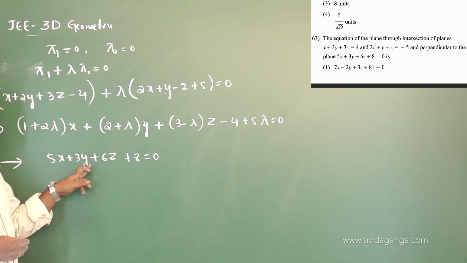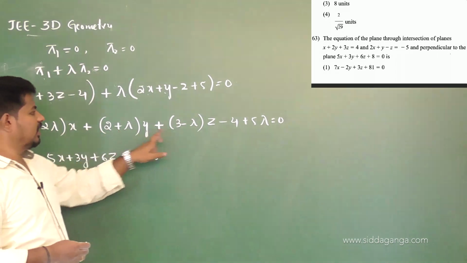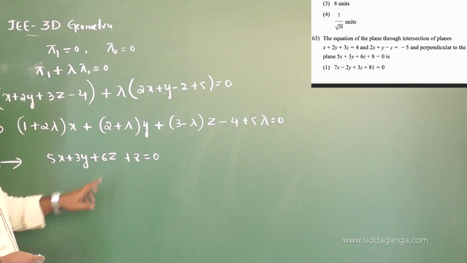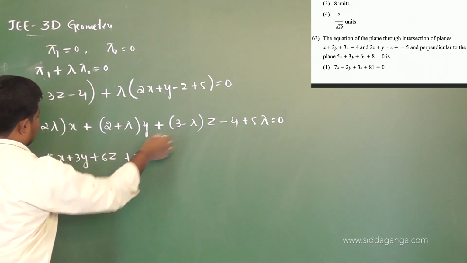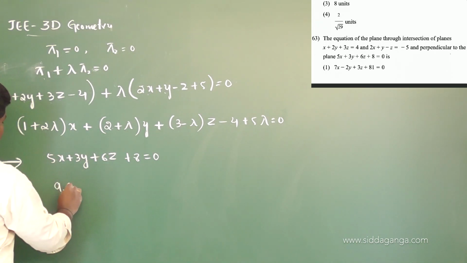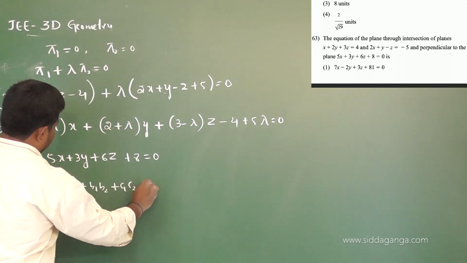The normal for this plane has ratios 1 plus 2 lambda, 2 plus lambda, 3 minus lambda. And the normal for this plane has ratios 5, 3, 6. Since they are perpendicular, a1 a2 plus b1 b2 plus c1 c2 must be equal to 0.